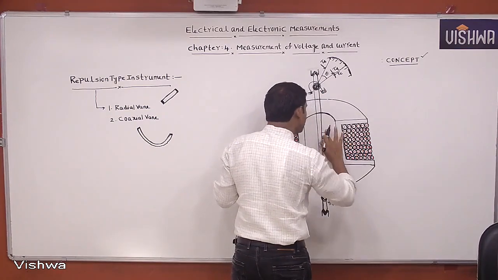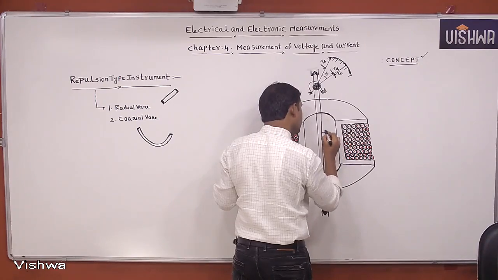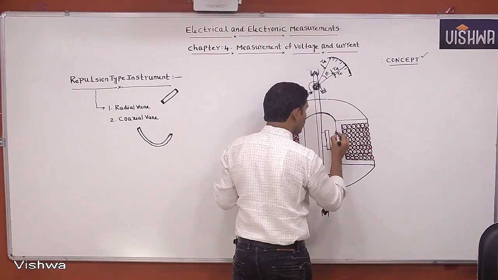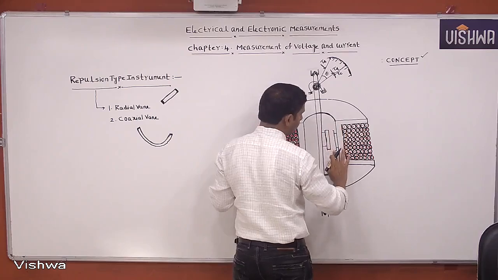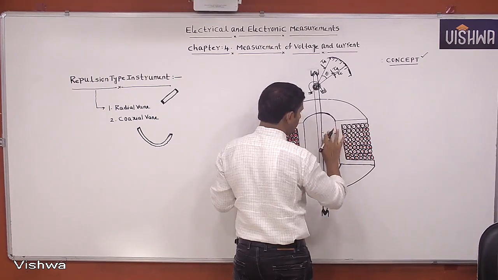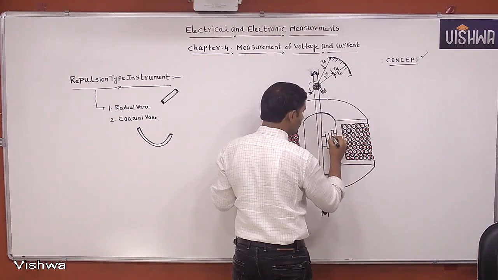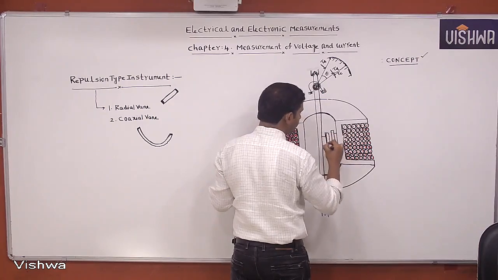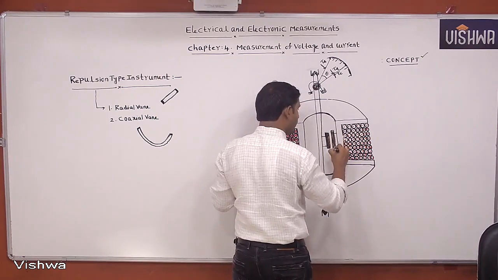Then there are two iron pieces. We are arranging them like this. These two are iron pieces.